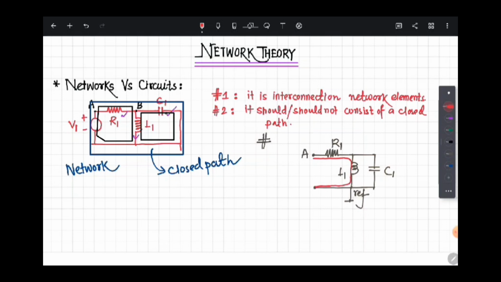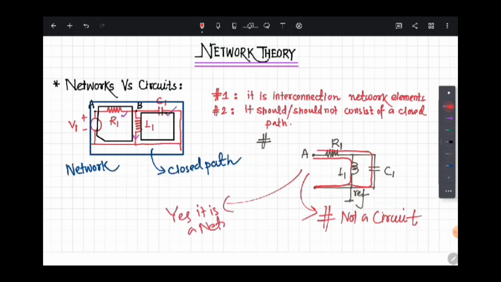Similarly, if we traverse from node A and traverse through this path, we are not able to come back to node A. So this is also not a closed path. So this is not a circuit. But is it a network? Yes, it is a network.